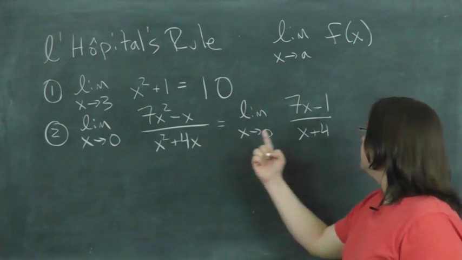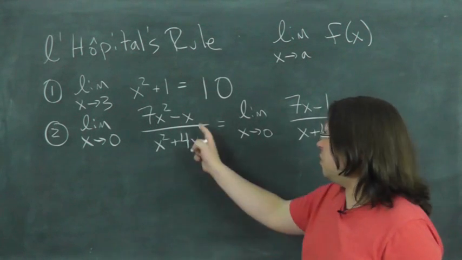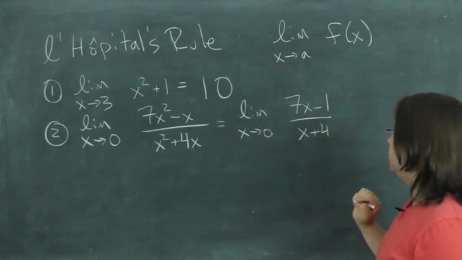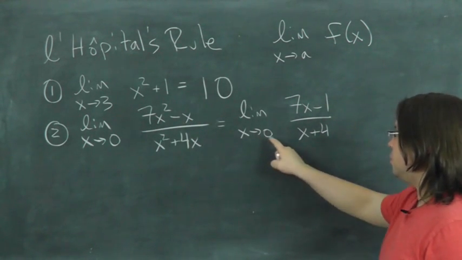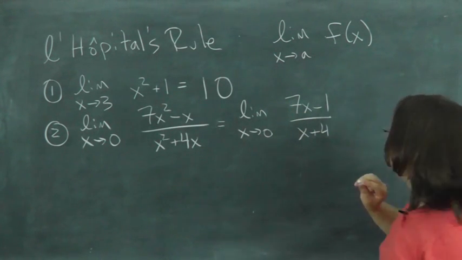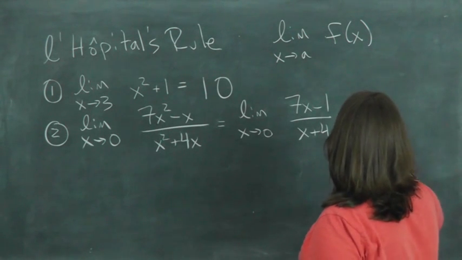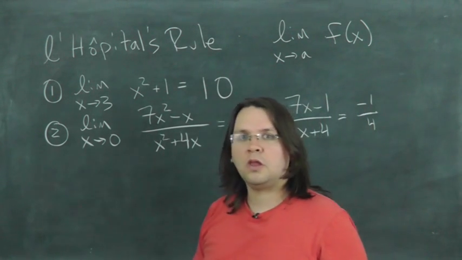These two functions are the same except at the value x equals 0, where this one has a problem, but this one doesn't. So if we want to compute the limit as x approaches 0, we could just plug x equals 0 into this function, and we would get minus 1 divided by 4, so minus 1/4.